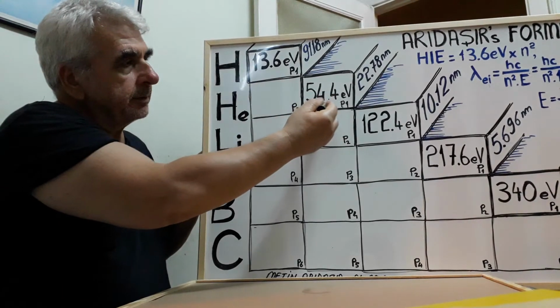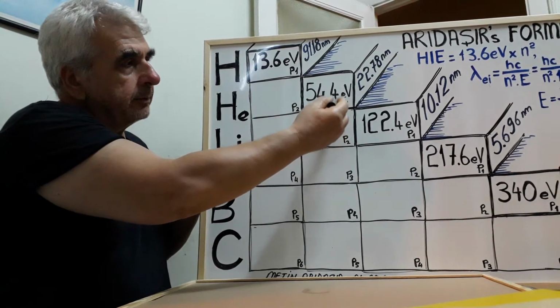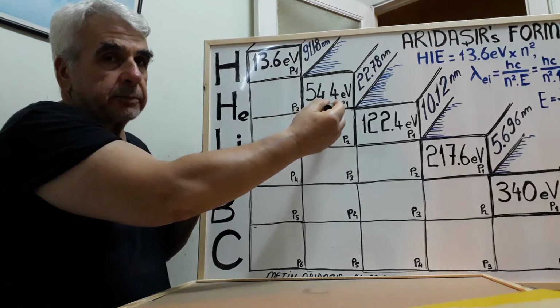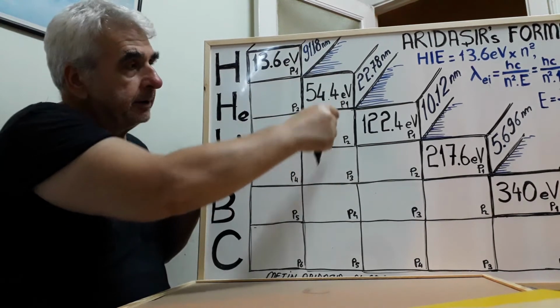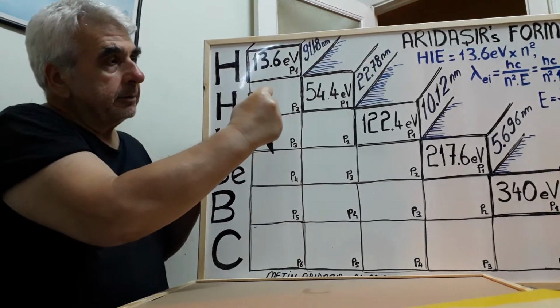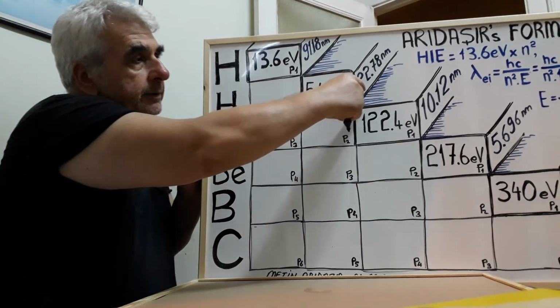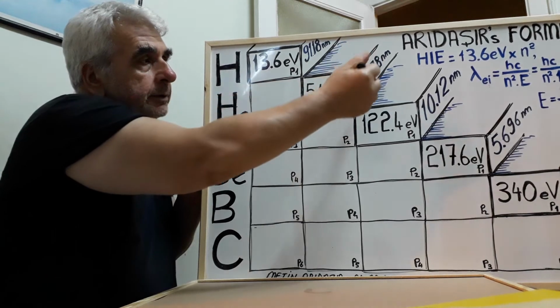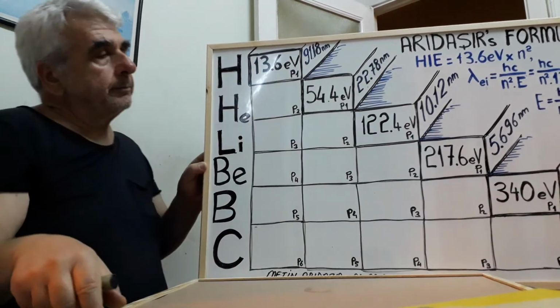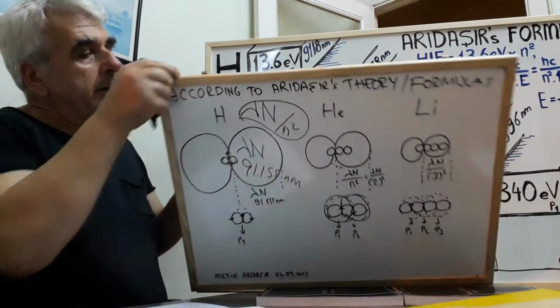This is energy of electron motion form that shrunk, connected with first proton. And this is its shrinked wavelength.